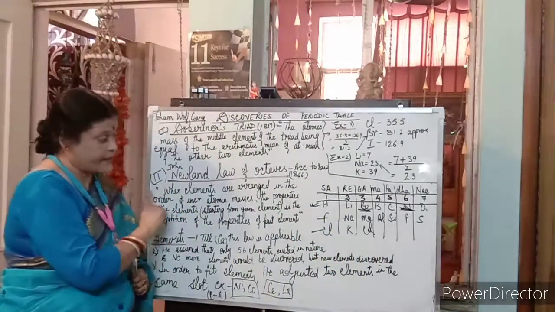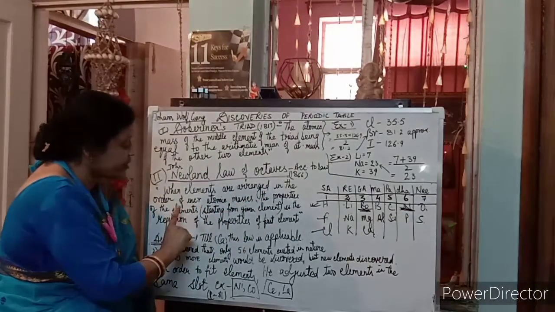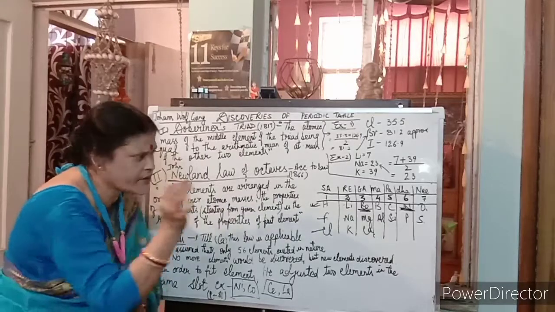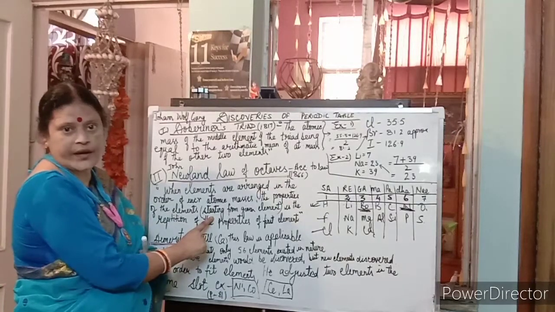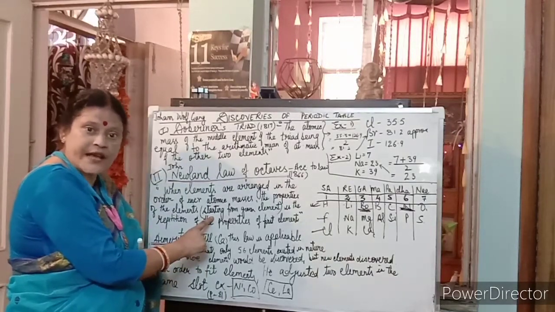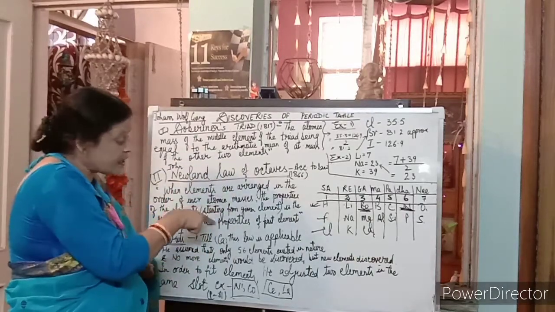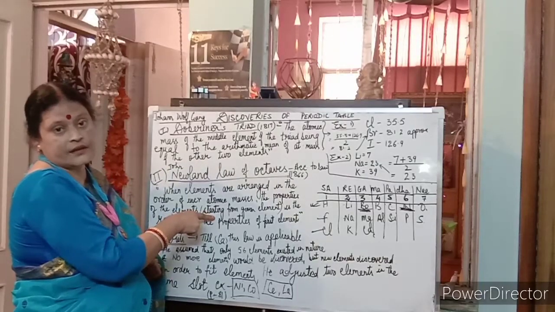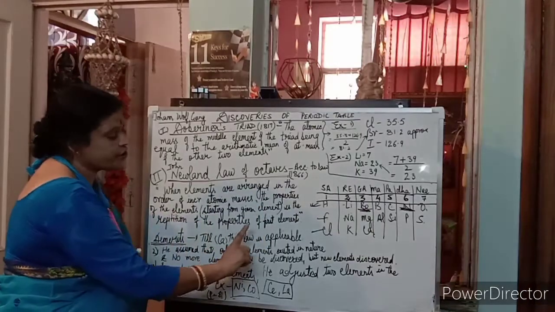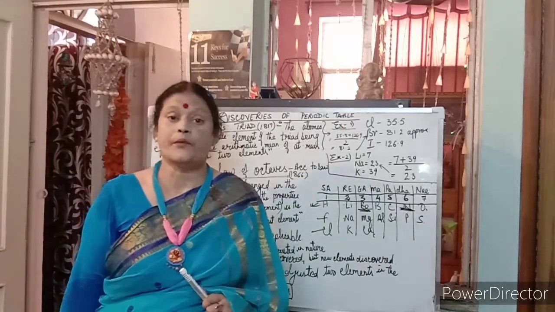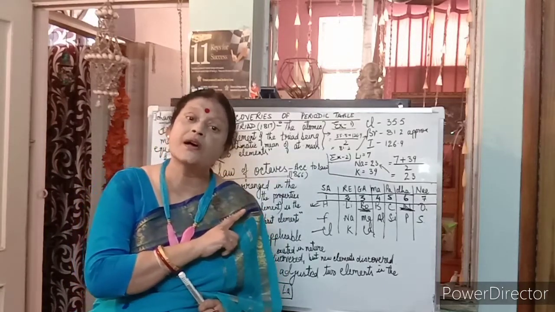According to his law, when the elements are arranged in the order of increasing atomic masses, the 8th element starting from the given element is a repetition of the properties of the first element. Wherever you start, you take that as 1, and the next 8th will come under that 1. Automatically, I have shown you. Properties means the properties match that particular element from where you have started.